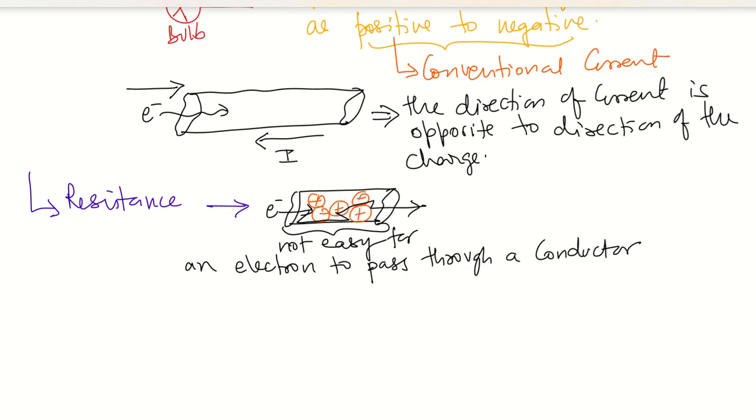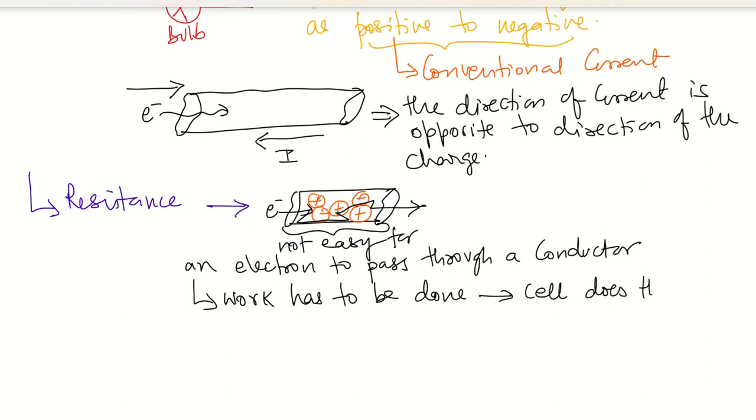A lot of work has to be done, and the cell does the work to push the electron. It's not easy for the electron to pass. This opposing force that the electron experiences inside is known as resistance.